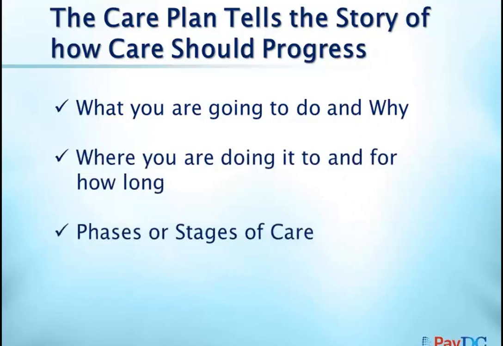Of course, the phases or stages of care. I think this is really, really important. Now, this is not a requirement of federal law, but you have to record it. It is a requirement for you to record goals, short-term and long-term goals.